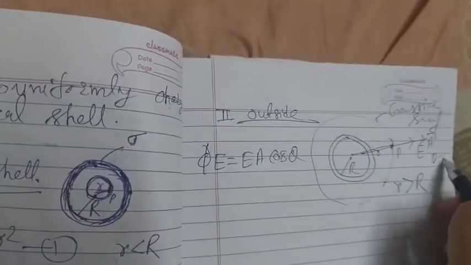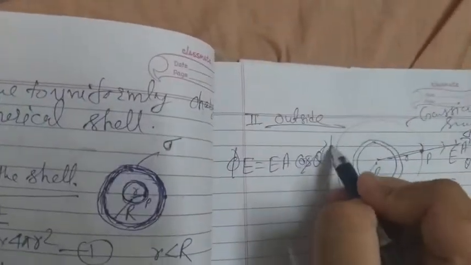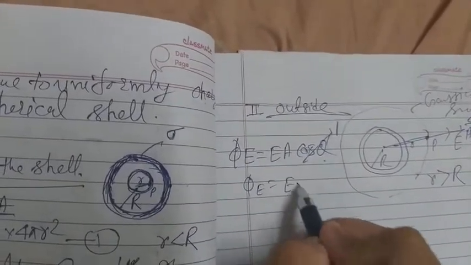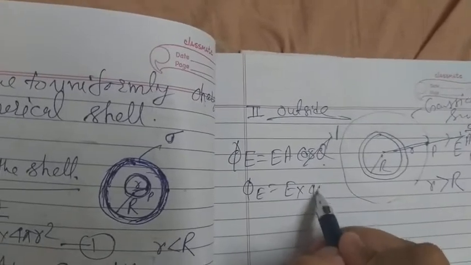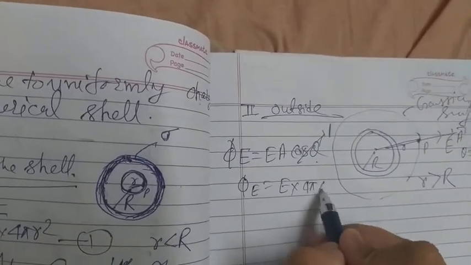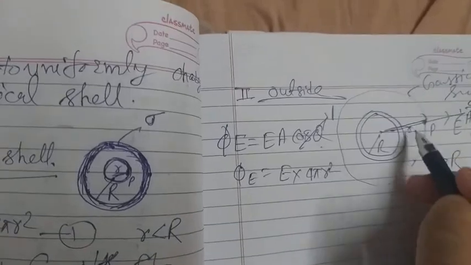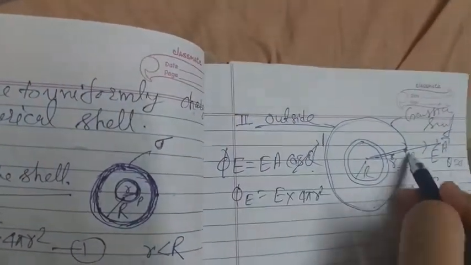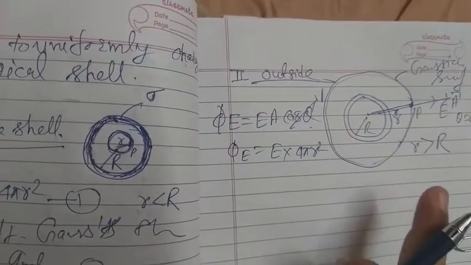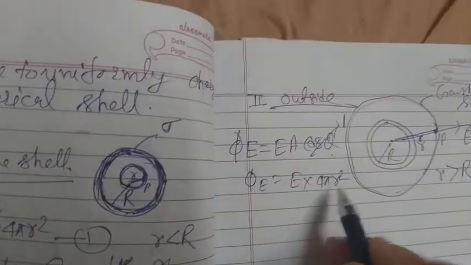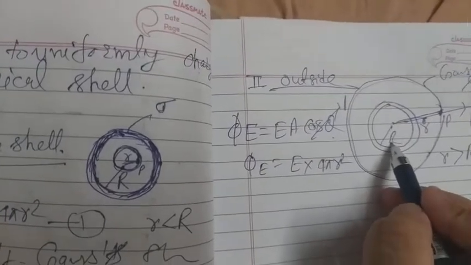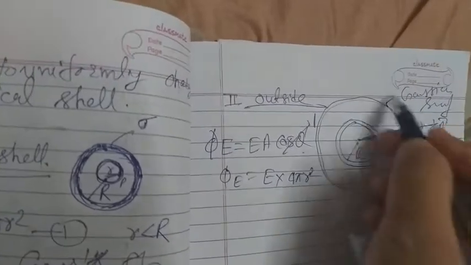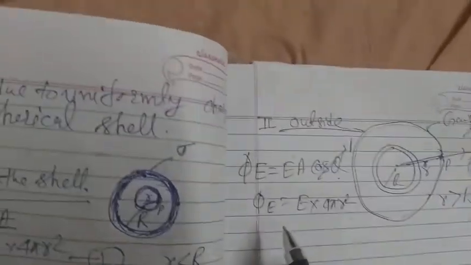So theta is 0 degree, and cos 0 is 1. So this becomes phi E, and A is 4 pi small r square. Just mark it. This is a Gaussian surface and this area will be taken here. So you don't take capital R, because this is a Gaussian surface and it has a radius r, so we will take this area.